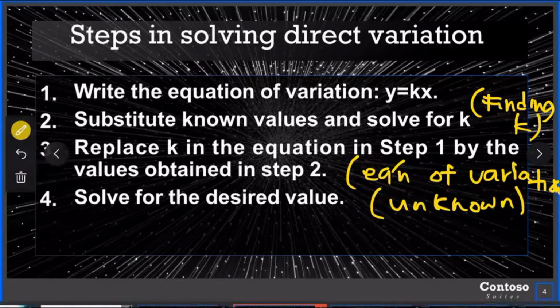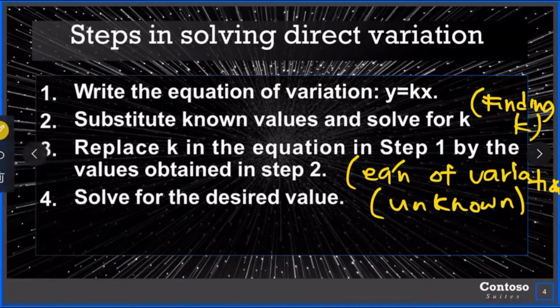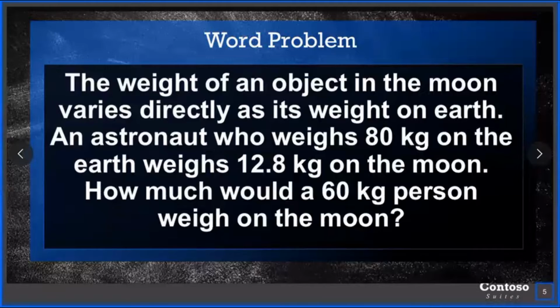Now, in this video, we will be applying direct variation and the process of solving it to identify the unknown in a word problem. So let us start with our first word problem. Let us read it first.